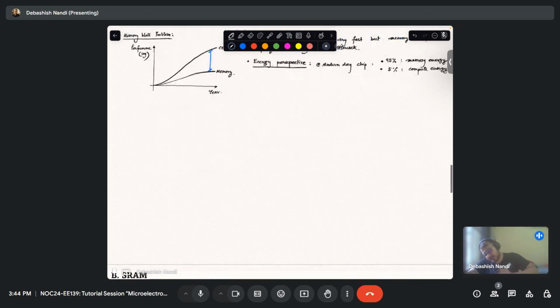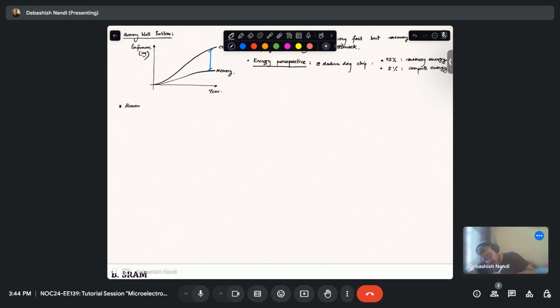So now let us discuss the memory array. It can be a 2D or 3D kind of array. We'll discuss the 2D array.